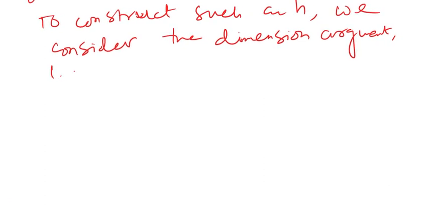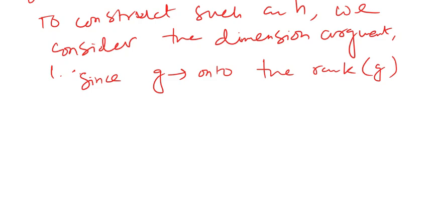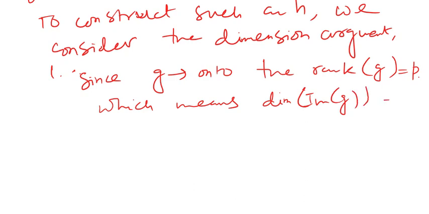Since g is onto, the rank of g is p, which means dimension of Im g equals p.